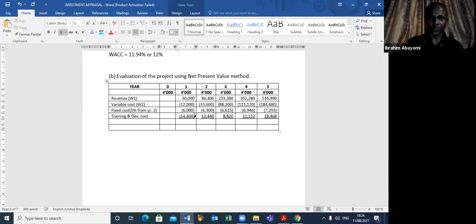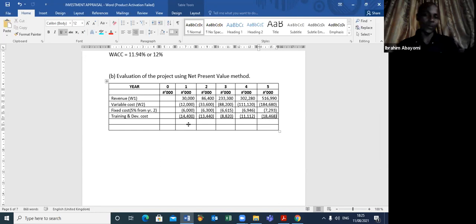Put them in brackets. These are the training and development costs for this company.